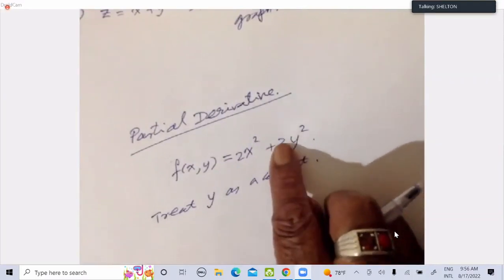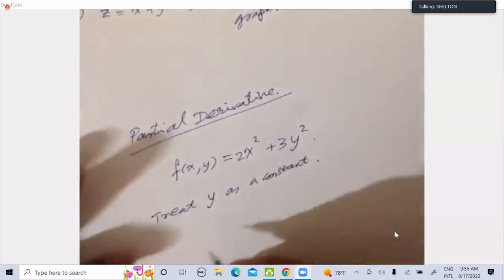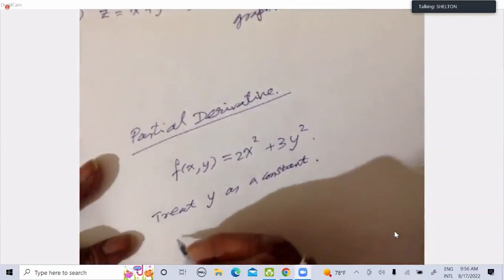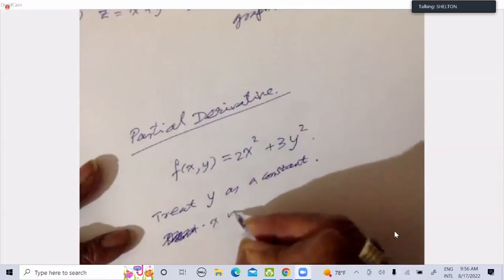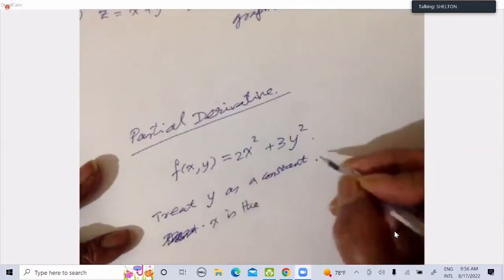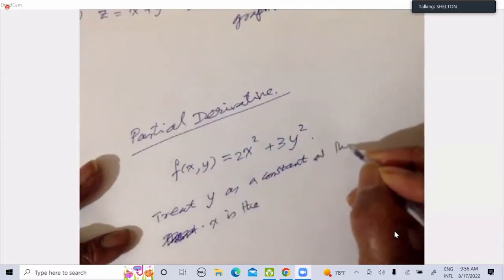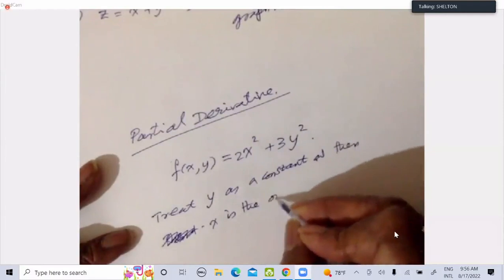Right? So it's a function of x only. The derivative then, x is the only variable.